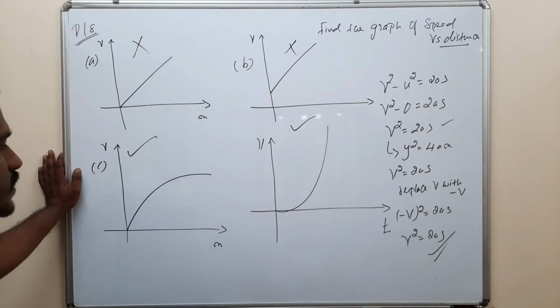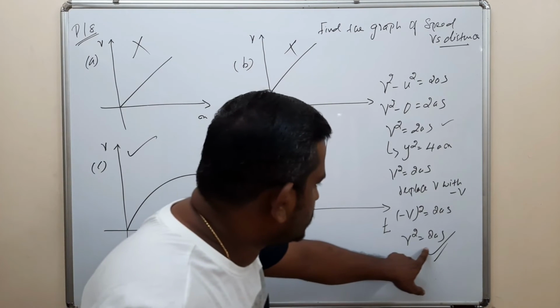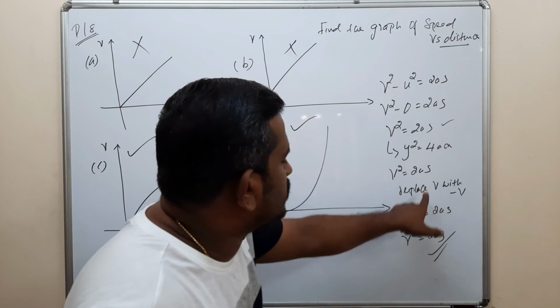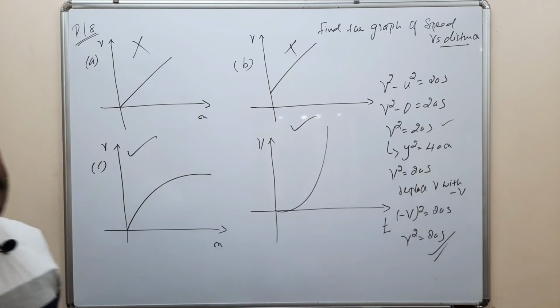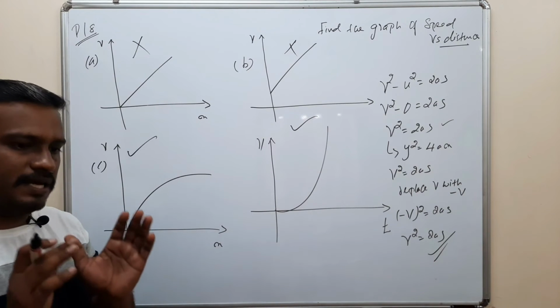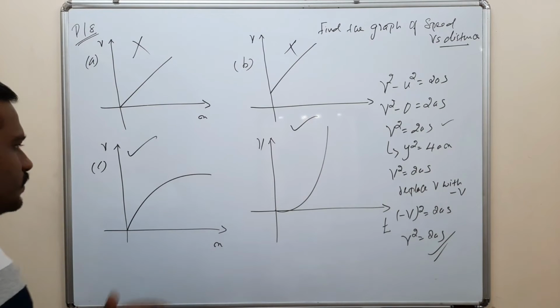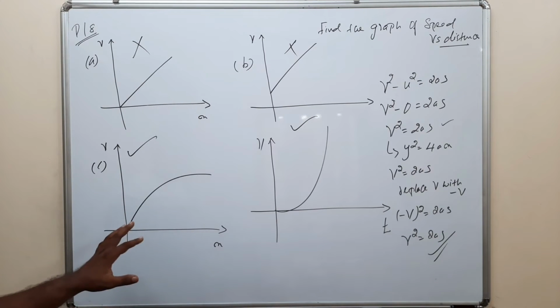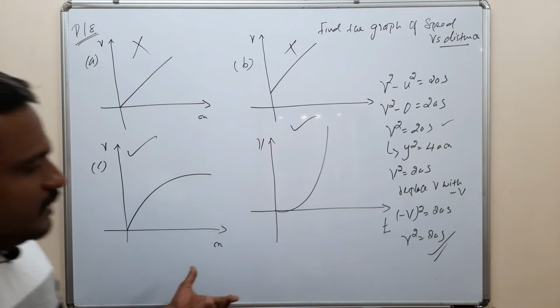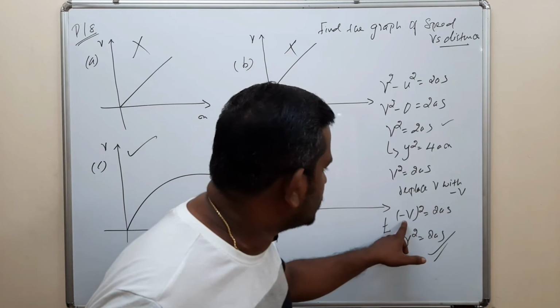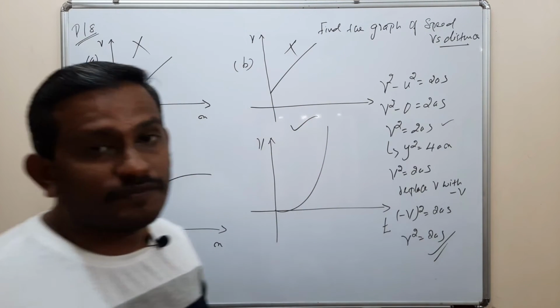Which equation? v square is equal to 2as. That equation resembles the equation of a parabola, that is, the shape of the curve must be a parabola. So here in our answer, two parabolas are there. To confirm which parabola, we find the symmetry of the parabola.